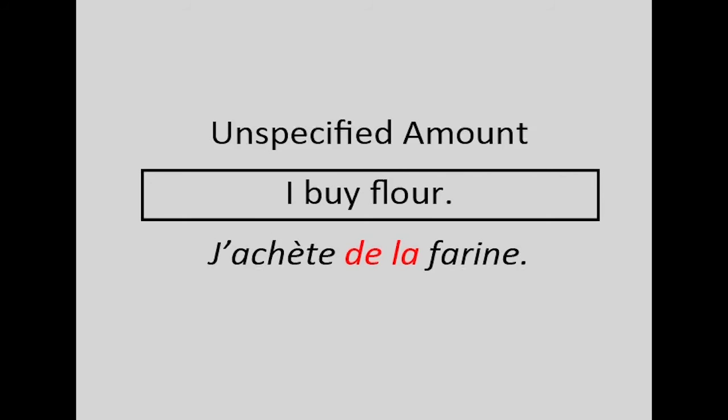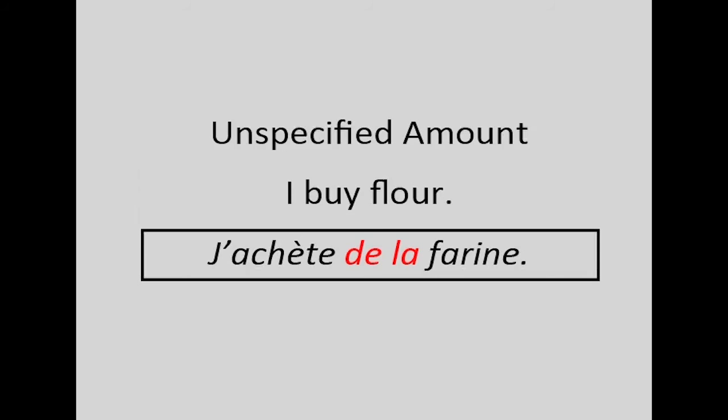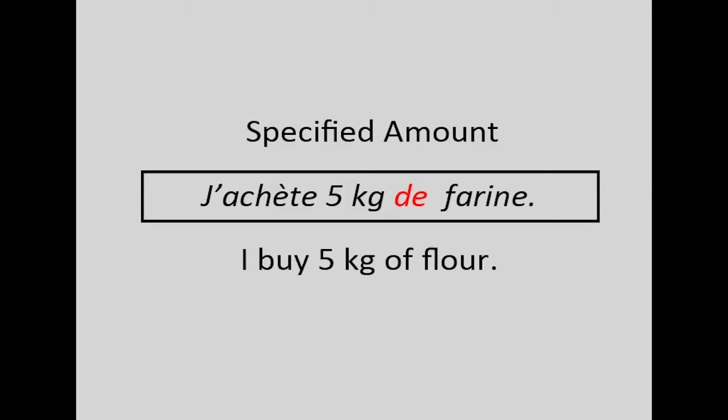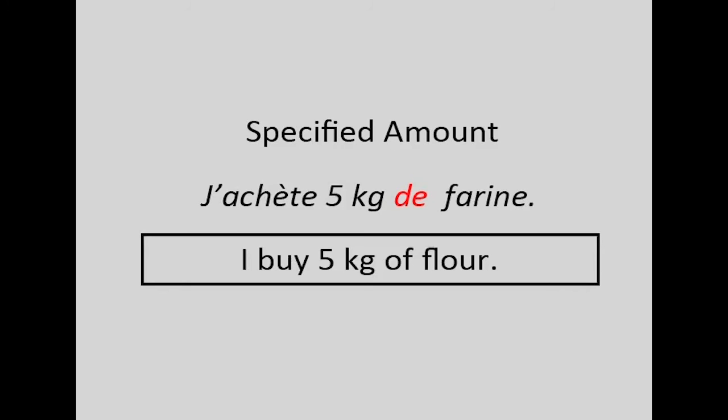"I buy flour." In French, we would translate this sentence as "J'achète de la farine." If we specify the amount of flour that is bought, the partitive article will be removed. "J'achète 5 kilos de farine," which translates as "I buy 5 kg of flour."